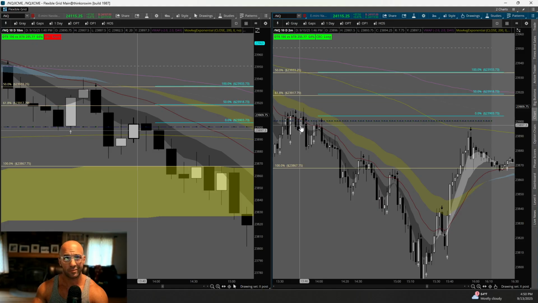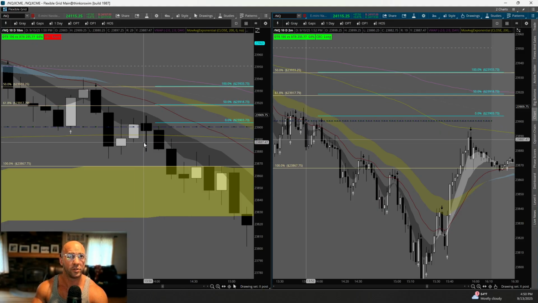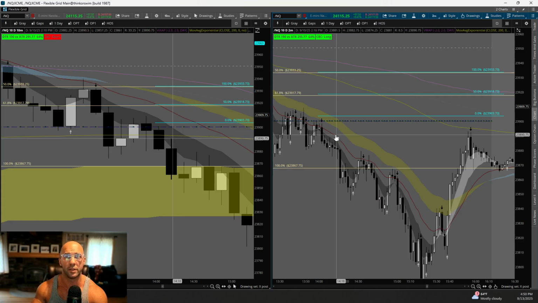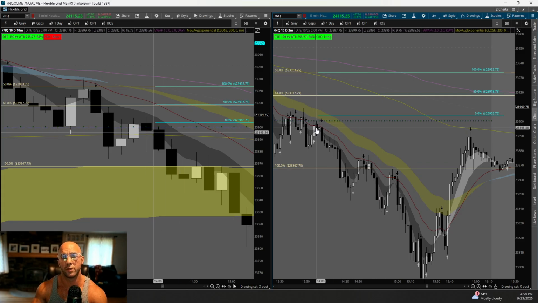But once you get this 10-minute hammer candle here, it's showing you that the buyers are failing too. This is ready to just crap out, and that's exactly what happens. This is your 1350 candle, so that's going to close at 1400, or sorry, 1358. It closes right here.